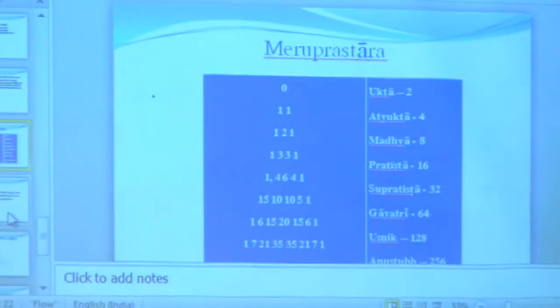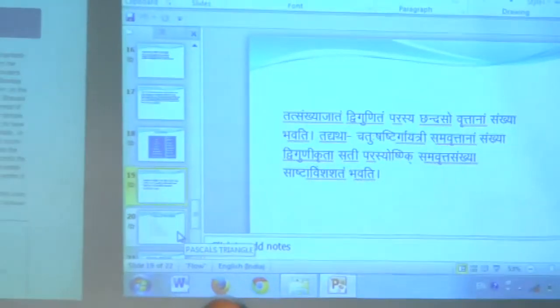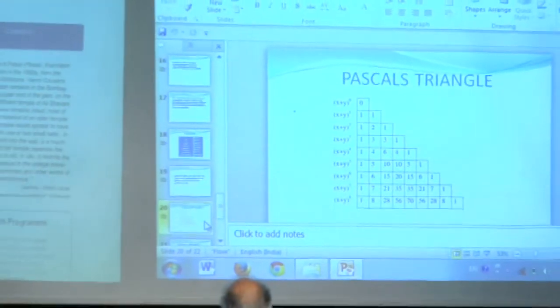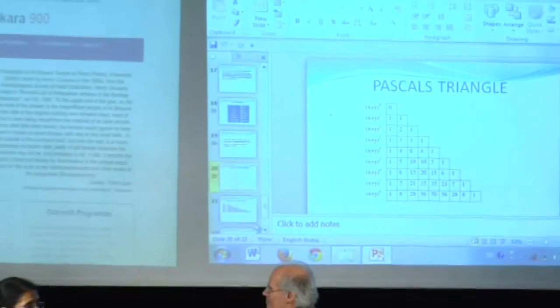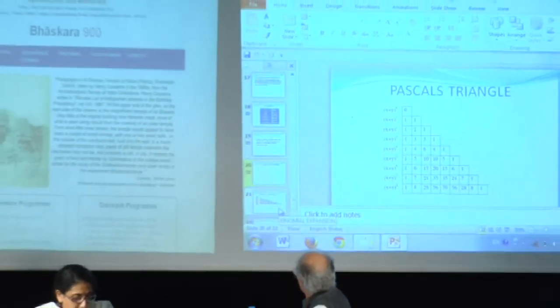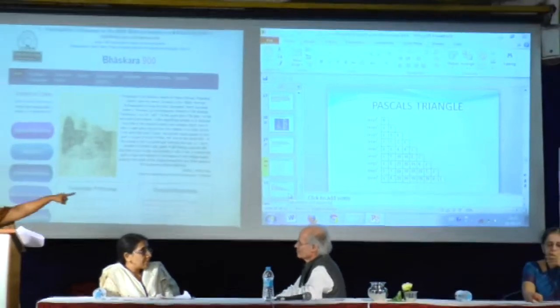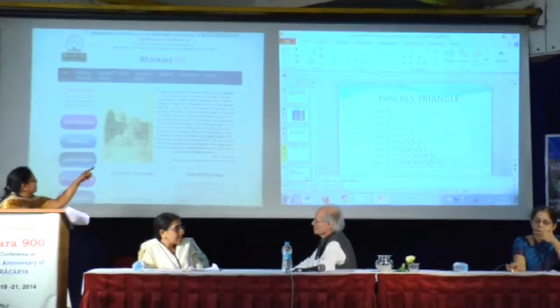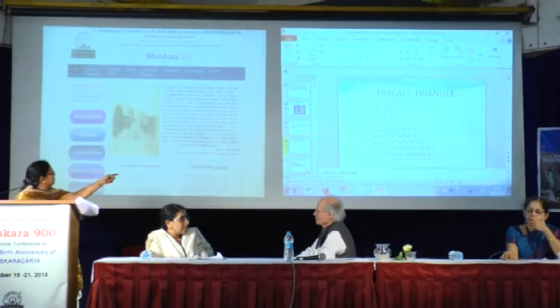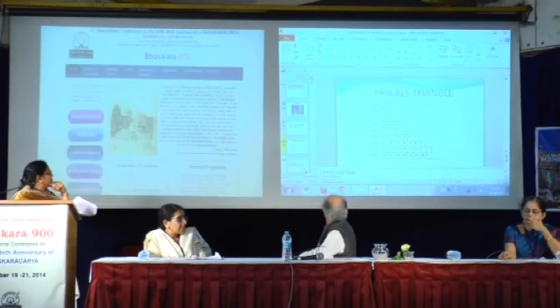And the next one. That's the Pascal's triangle. The Pascal's triangle is same as the Meru Prastara, and we can define that with the binomial theorem.